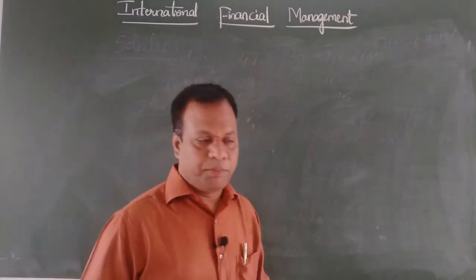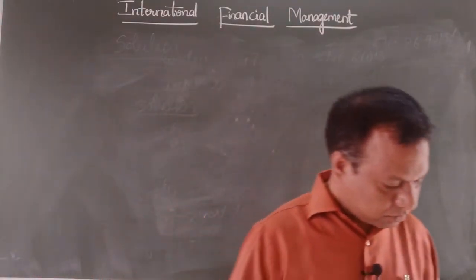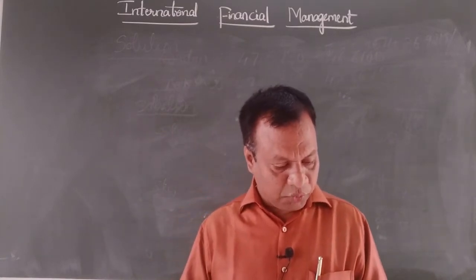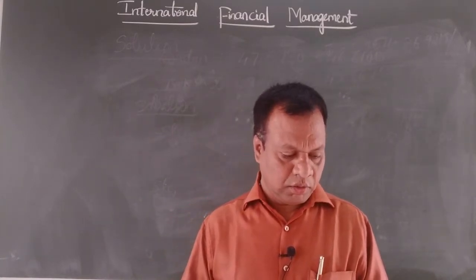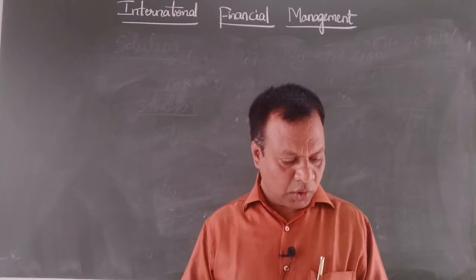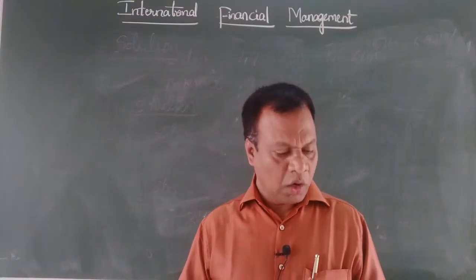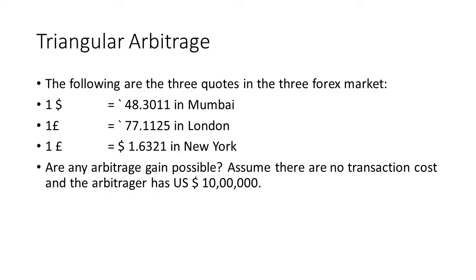Let's read out the problem which is there on the slide. The following are the three quotes in the three forex markets. First one is $1 is equal to rupees 48.3011 in Mumbai. £1 is equal to rupees 77.1125 in London, and £1 is equal to $1.6321 in New York.